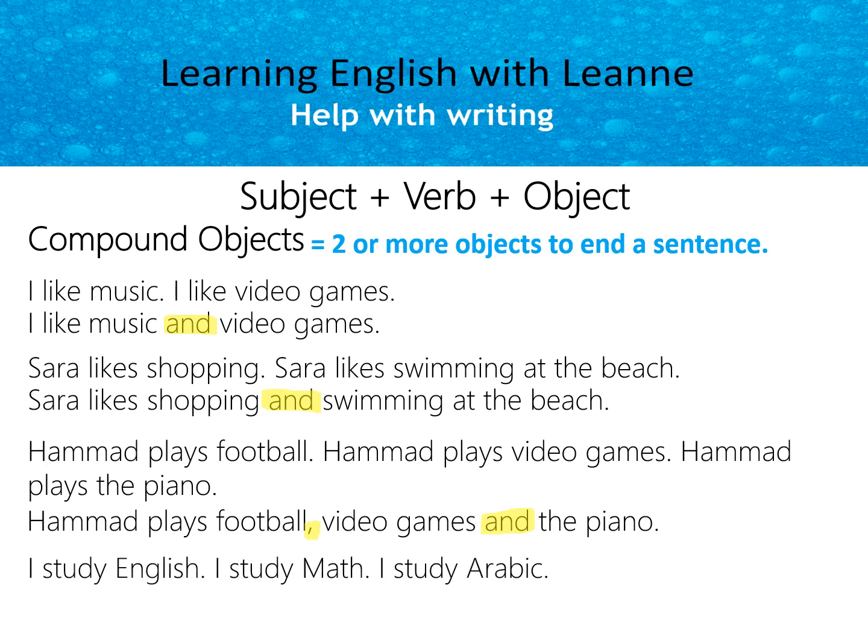Here's another example for you. So again, we can see that the subject is the same and the verb is the same, I study, but the objects in these sentences are different. English, math, Arabic. So we're going to make it into compound objects in one sentence. I study, and our objects, we have three, English, math, and Arabic.